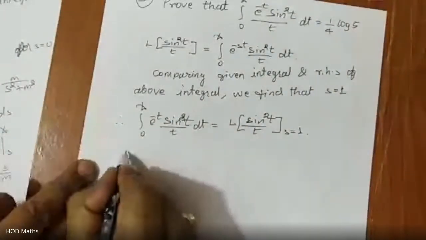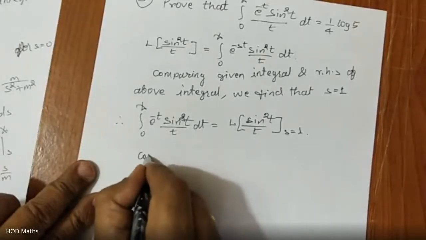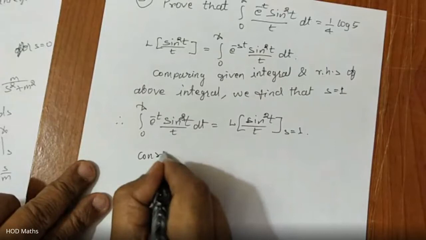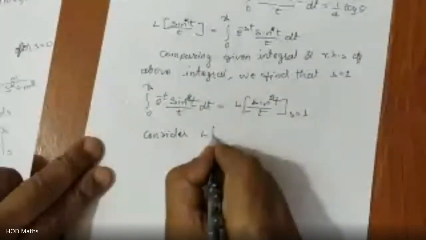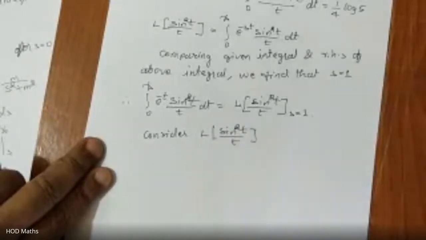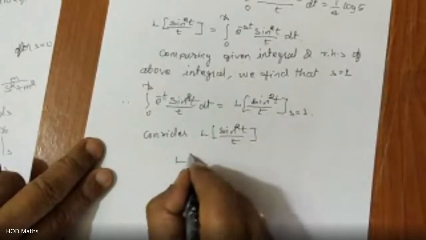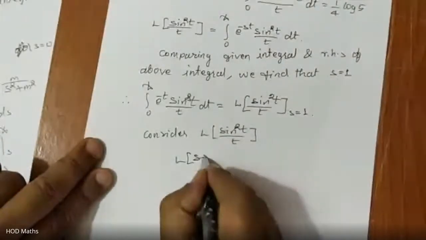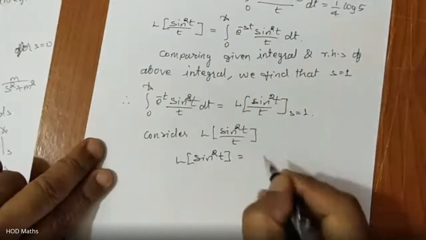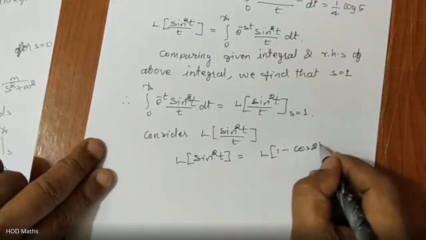So therefore, consider sine squared t by t. I have to find this one now. Now, the Laplace transform of sine squared t is equal to the Laplace transform of (1 minus cos 2t) by 2.